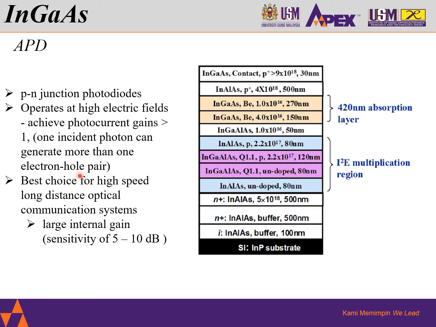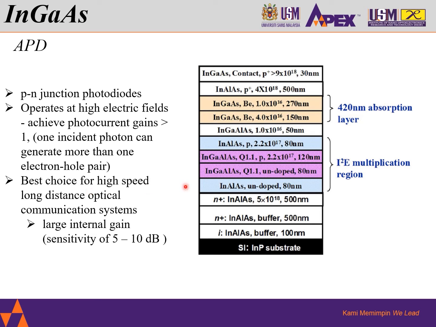In high-speed, long-distance optical communication systems, APD is normally the best choice owing to its large internal gain, which provides a sensitivity 5 to 10 dB higher than the PIN photodiode.